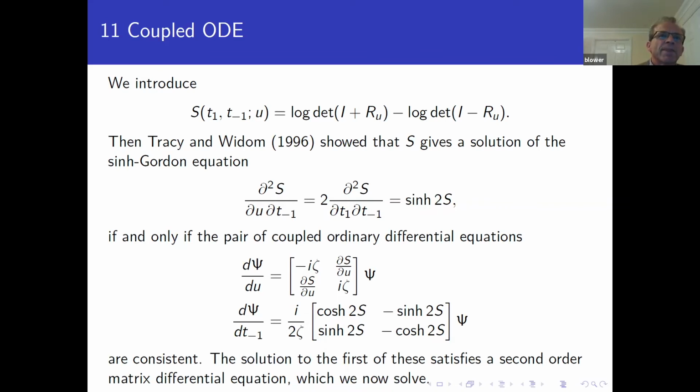Previously, I mentioned that we want to be considering the logarithm of the quotient of tau functions. So what we do is we take a tau function, which is the determinant of I plus ru, and then we take the determinant of I minus ru.